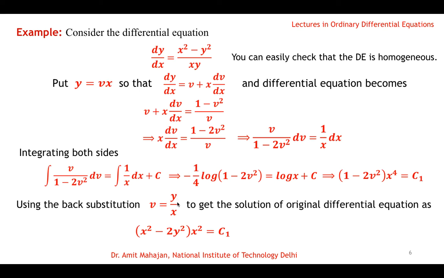Once we substitute v as y by x and rewrite, this is your final solution, the solution of the original homogeneous differential equation. This is first order first degree, it has one arbitrary constant, so it's a family of curves with one parameter c1.